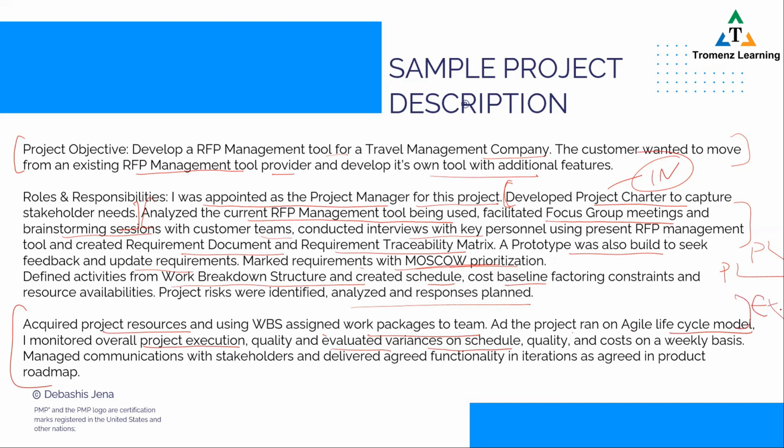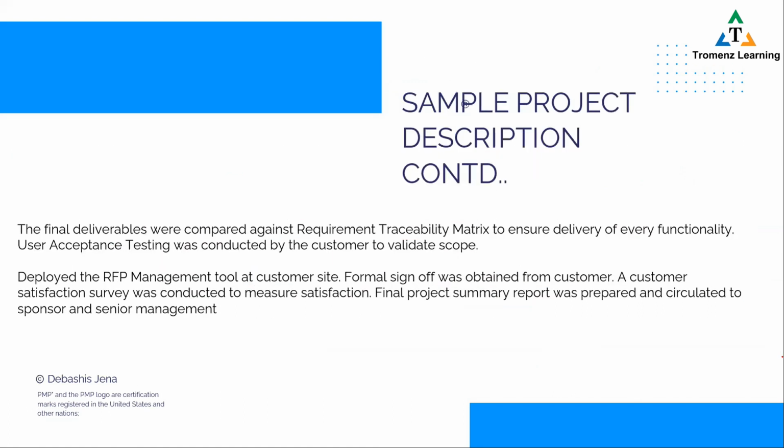This part is monitoring and controlling: evaluated variances on a weekly basis. Managing communication with stakeholders is execution again. So monitoring is covered. Then the final deliverables were compared against the RTM to ensure delivery of every functionality. User acceptance testing was conducted.